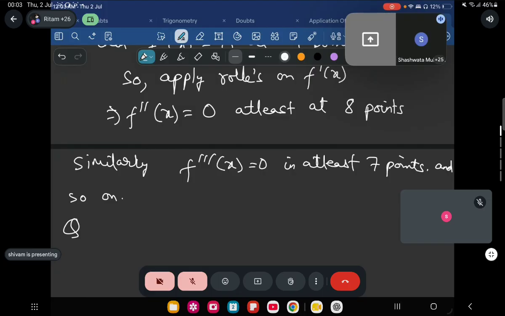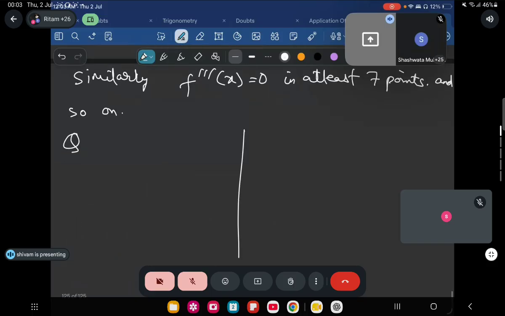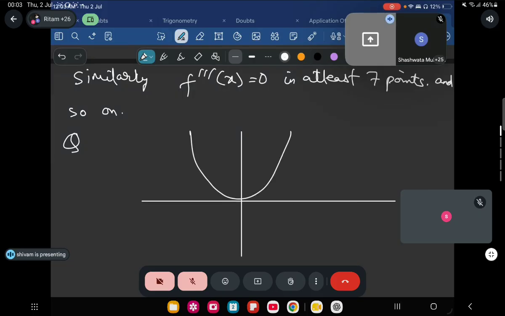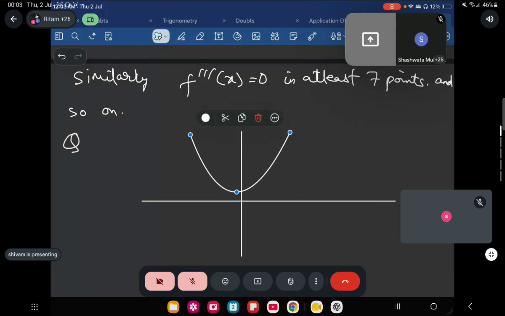Point of inflection. See, if it is equal to 0, then you have to check whether the function is greater than 0 or less than 0 around that point. Do you remember, I had done this in the class, right? Let us talk about x to the power 4 only.